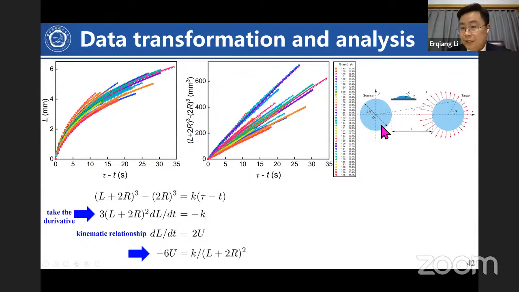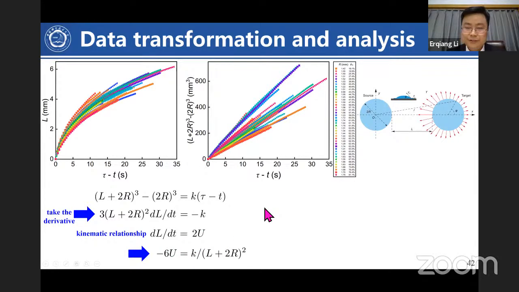If the drops are the same, this guy will have the same force on this as the force from this guy on this, right? So they will move at the same velocity. So the definition of L to T is 2 times the velocity. U is the velocity of this drop, also the velocity of this drop. So you have this kinematic relationship. You put this guy to here, you have this relationship.